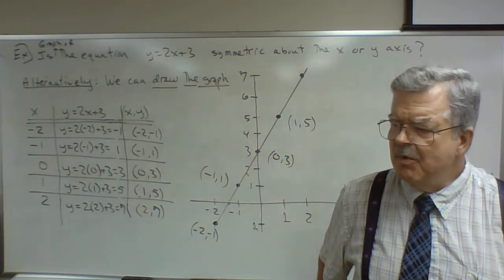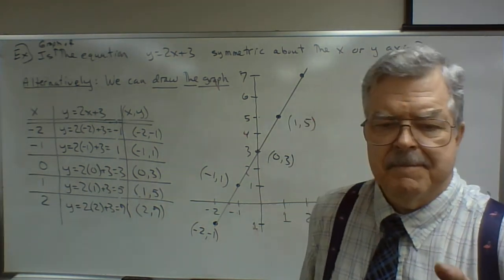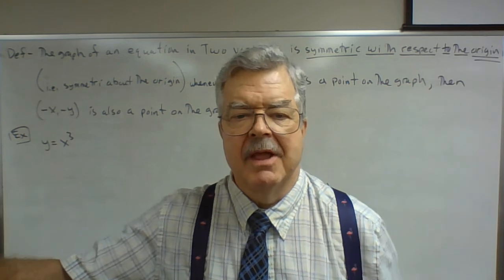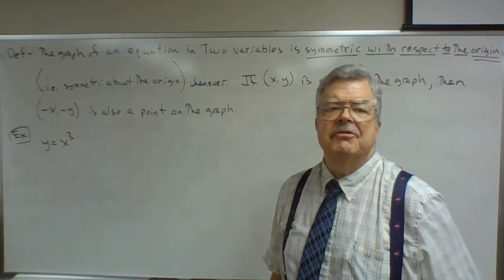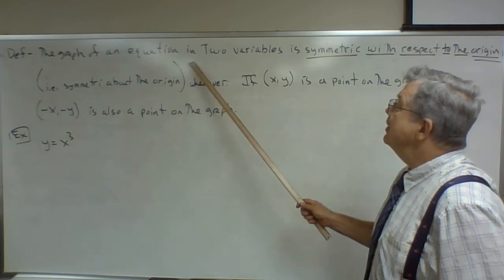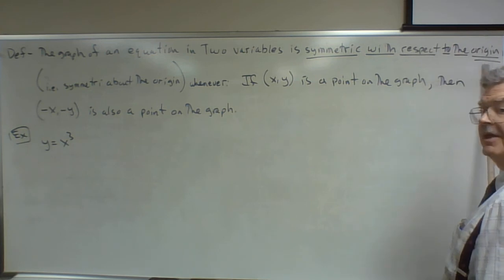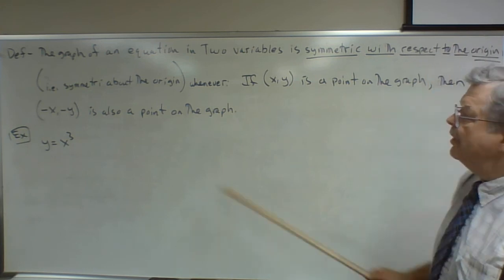Now we have one more type of symmetry to talk about. The last type of symmetry that we're going to talk about: the graph of an equation in two variables is symmetric with respect to the origin.